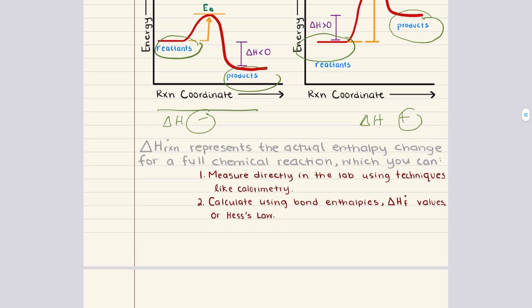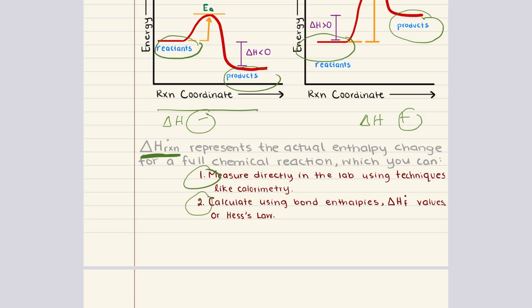To this point, the enthalpy change for a chemical reaction, delta H of reaction, represents the net energy exchanged between the system and surroundings over the course of the entire reaction. And there are multiple ways we can determine this value. One approach is to measure it directly in the lab using calorimetry, such as constant pressure or constant volume calorimetry, both of which we discussed in the previous lecture.